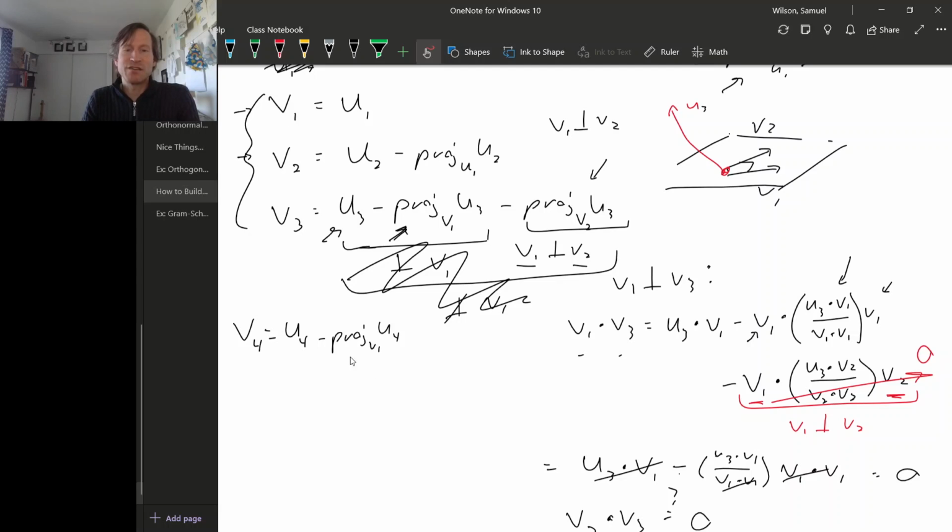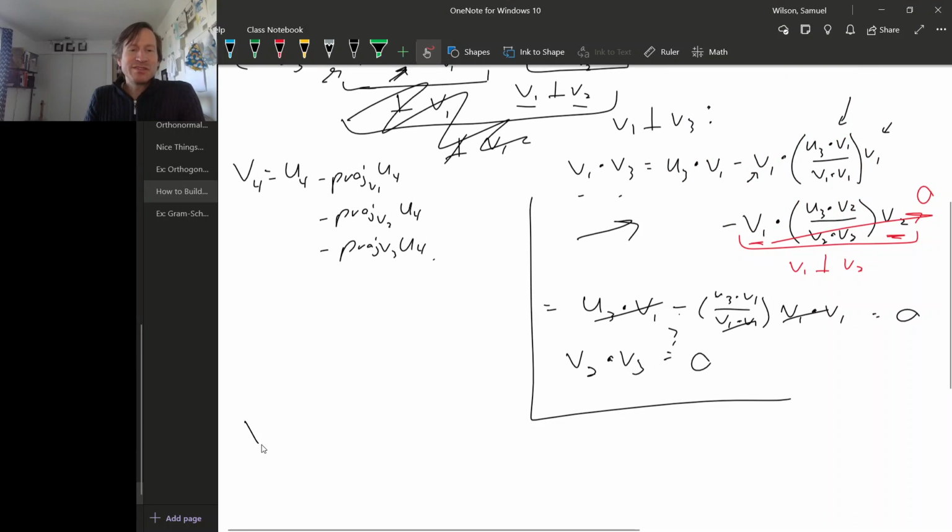So subtract off the projection onto v1, subtract off the projection onto v2, and subtract off the projection onto v3. Now we would need to prove that v4 is perpendicular to v3, v2, and v1, but that calculation will go exactly the same as these previous ones did, so let's not write it out.